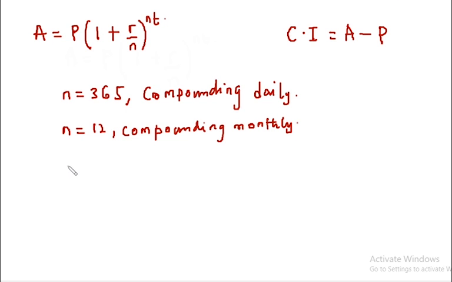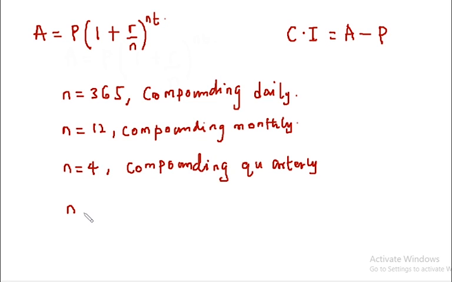When they say compounding occurs quarterly, we know that quarterly means 3 months together. So how many 3 months are in a year? That's four 3-month periods, so n is equal to 4. If you say compounding occurs semi-annually, that's every 6 months, or half a year.